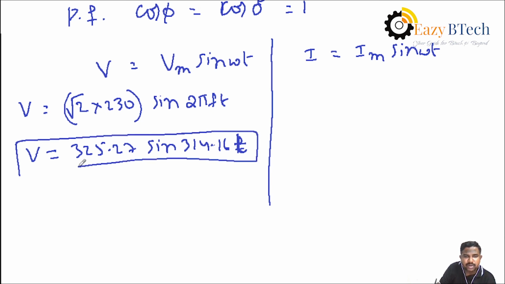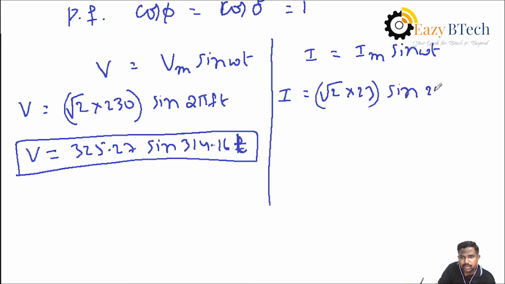Like this, you can find the omega value and maximum value. Similarly, you have to find the current equation also. Im is nothing but root 2 into the RMS value, which is 23, sine 2 pi into f, which is 50.